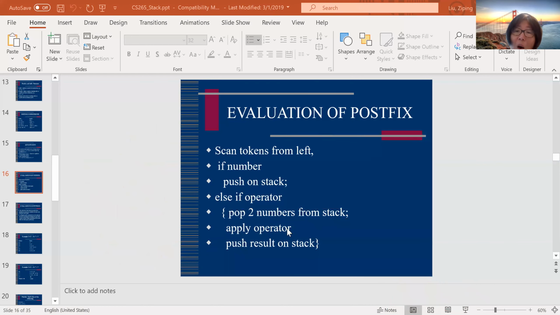So overall, over here, we explained the algorithm, how to use it to evaluate a postfix expression. Okay, so let's get back. Are there any questions about the postfix expression algorithm? Does that make sense?